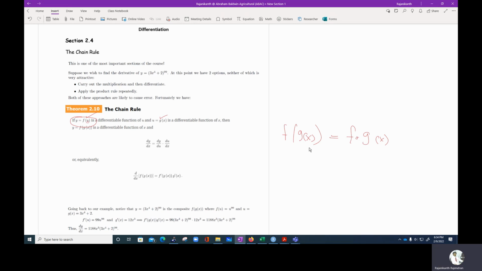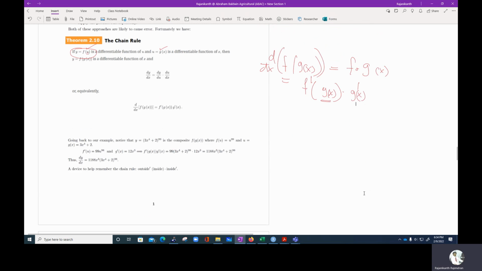So the composite function derivative is simply written like that. The formula says: find the derivative of the f function, then replace x by g(x), then multiply by the inside function g(x) derivative. That's it. This is called the chain rule.